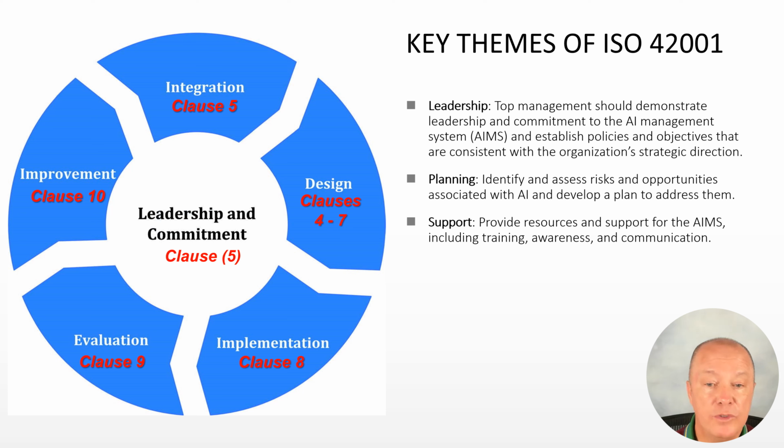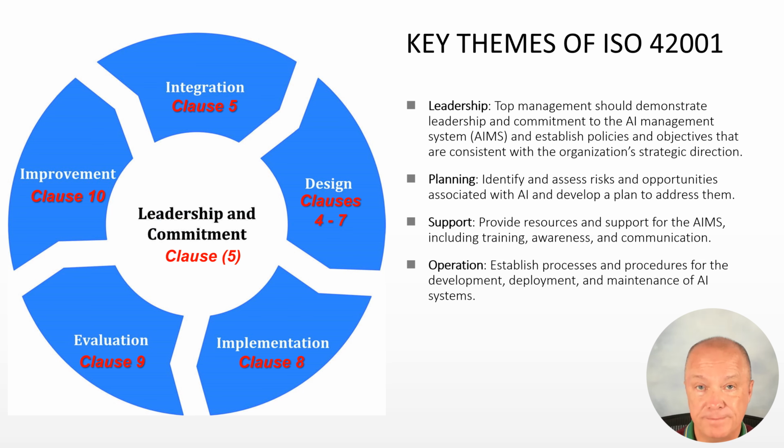We also need to ensure that leadership is committed to effective support of the very AI management system that leadership is requiring. We need to ensure that we understand the proper minimum requirements for providing resources and support for the AIMS, including training, awareness, and communication. This will be covered in Clause 7 of ISO 42001.